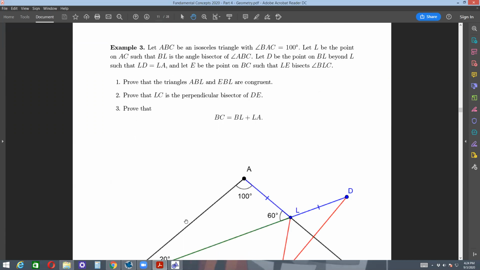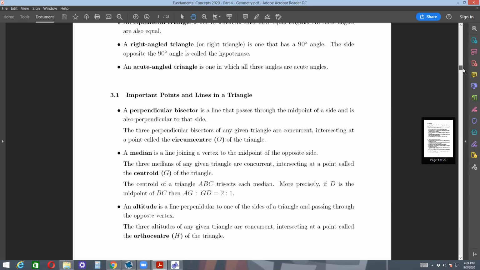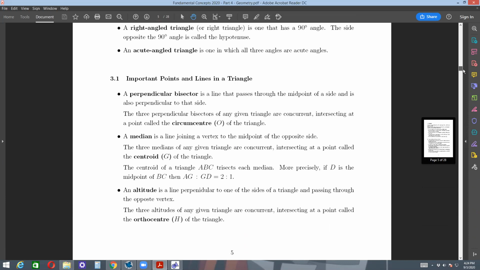Now that we've covered that, I want to go back and look at the different lines in a triangle, because it's important that you know how to visualize and prove these things. First of all, we're looking at perpendicular bisectors. A perpendicular bisector is a line that passes through the midpoint of a side and is perpendicular.